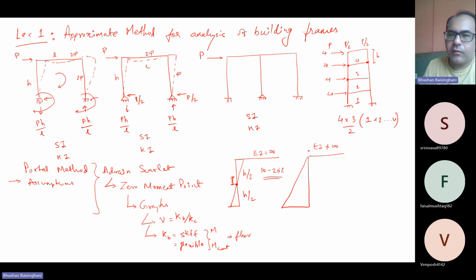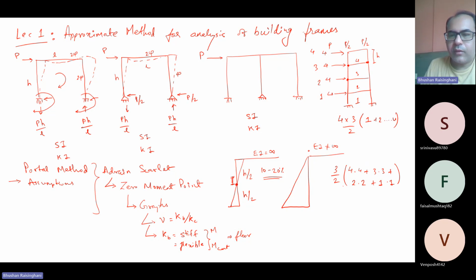However, if the force is not uniform, let's say it is 4 here, 3, 2, 1 that way, then your formula will change. It will be 3 by 2, that is h by 2, into, now first we will multiply the force into the floor level, plus force into again the floor level, plus that way into floor level, plus 1 into floor level, because 1 has to transfer only one story, while 2 has to transfer two stories, 3 has to transfer three stories, and 4 has to transfer four levels.